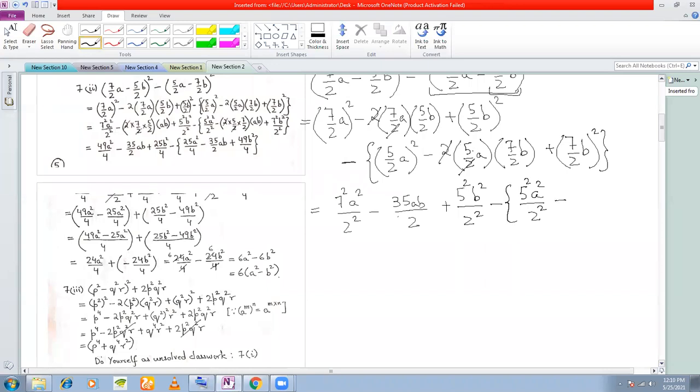Here you have 5 into 7, 35ab by 2, plus 7²b² by 2².